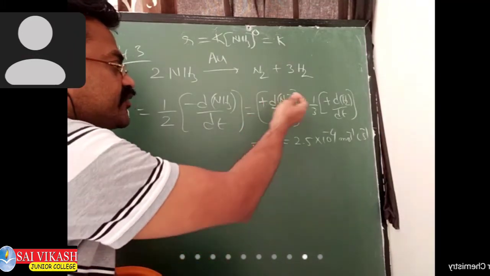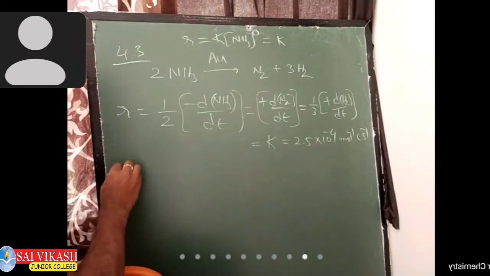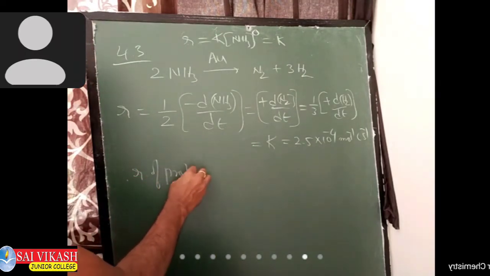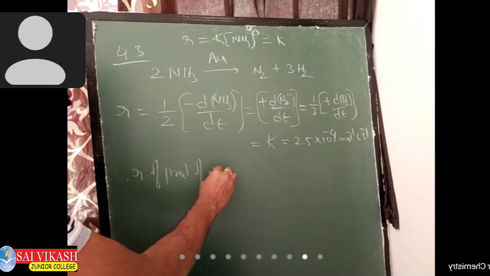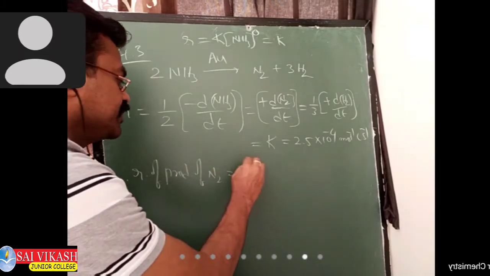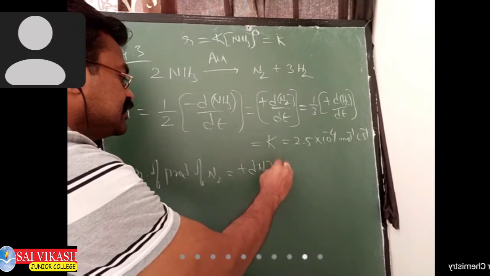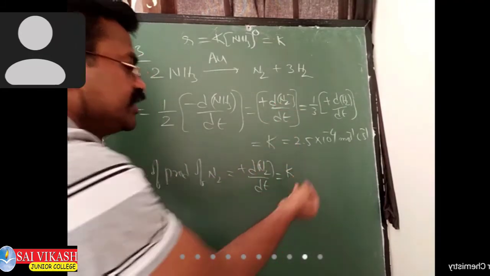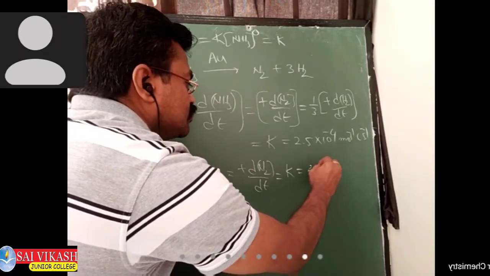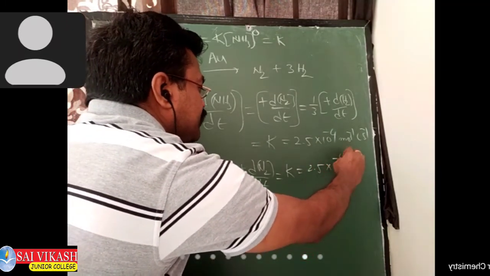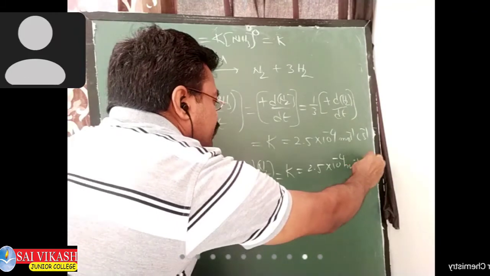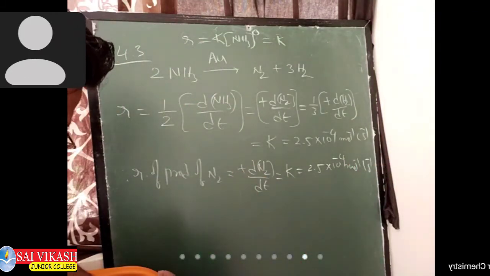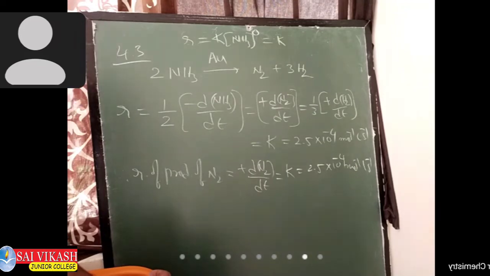Therefore, the rate of production of N2, plus d N2 by dt, is equal to K only. So that is equal to 2.5 into 10 power minus 4 mole inverse liter per second. This is the answer. Next, they are asking the rate of production of H2.